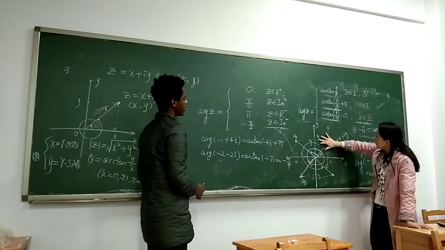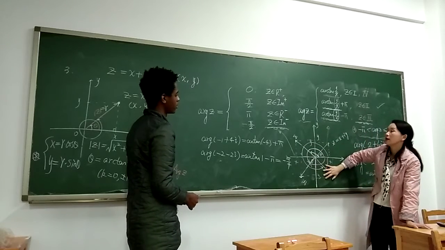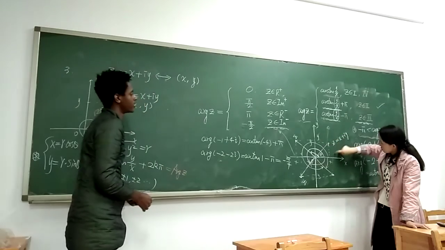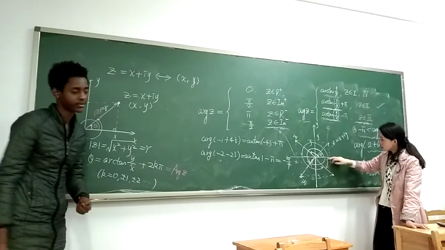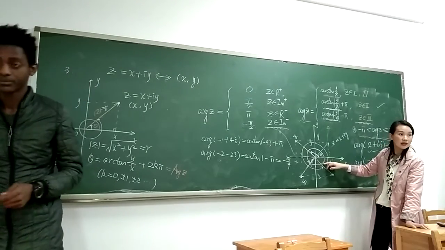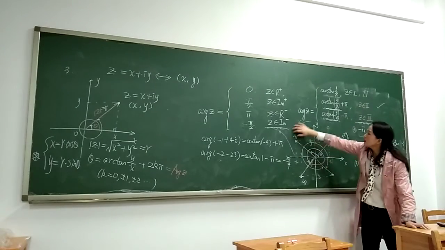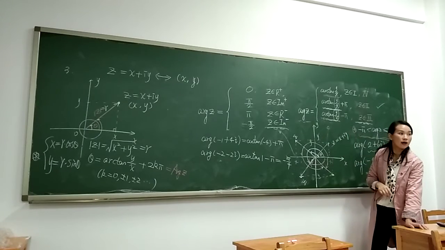If they belong to here, here, here, and here, use this one. All is okay. Understand? All this, use the first one. All this one, the second one. All this, the third one.